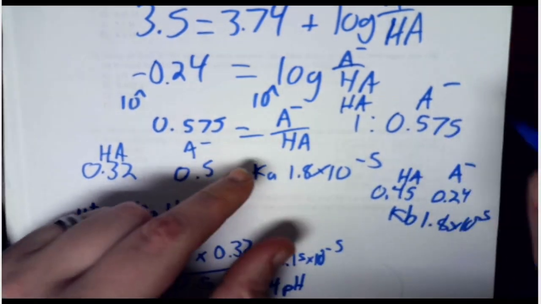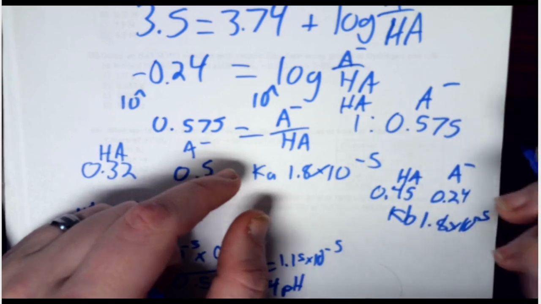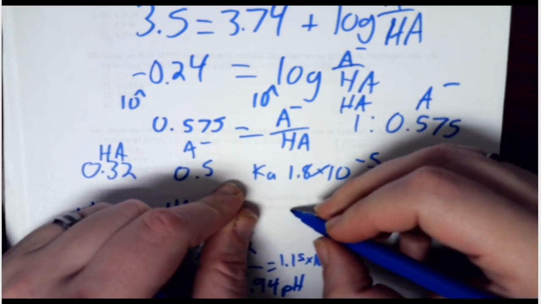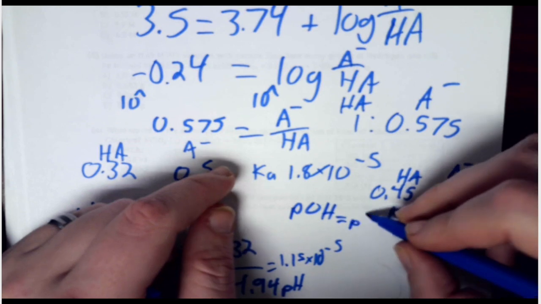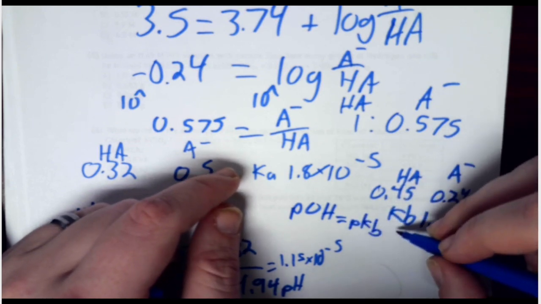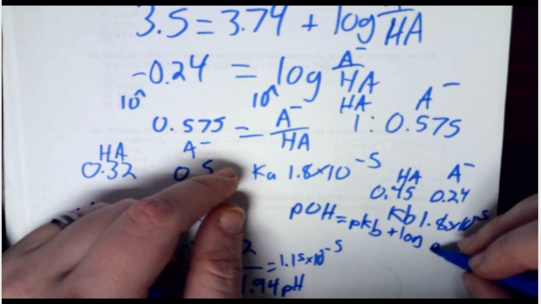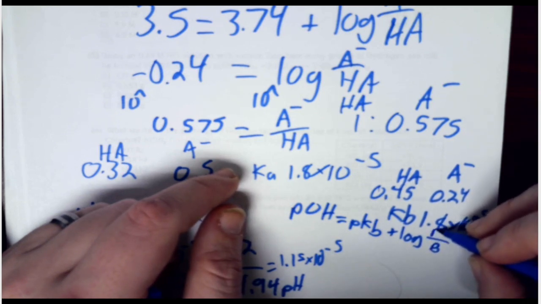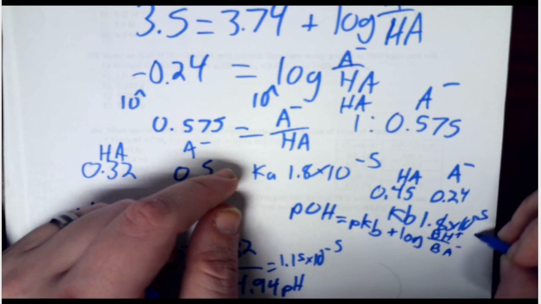Okay, the second problem is a base. You notice it has a Kb. Well, pOH is going to be equal to the pKb plus log of, in this case, base over conjugate acid, essentially A minus over HA.